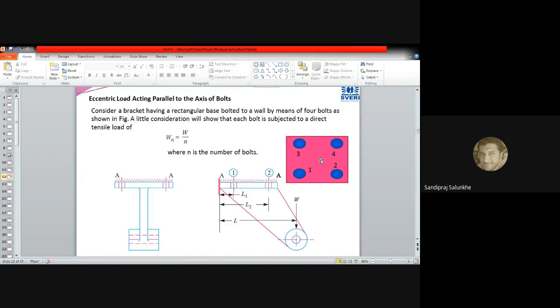On all these bolts, because W is pulling down the whole bracket, a direct tensile load is coming on all the bolts.